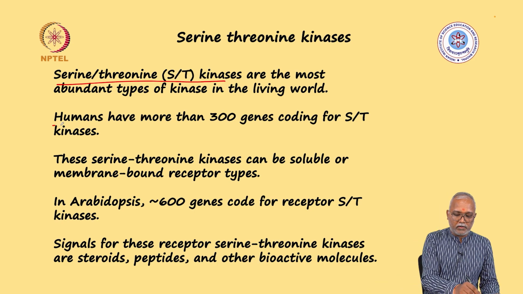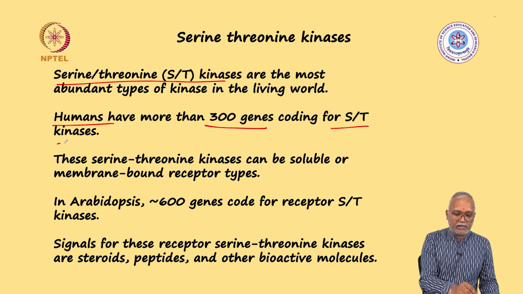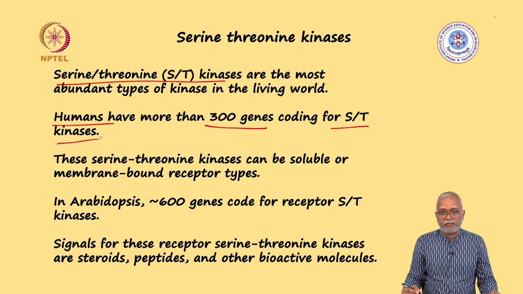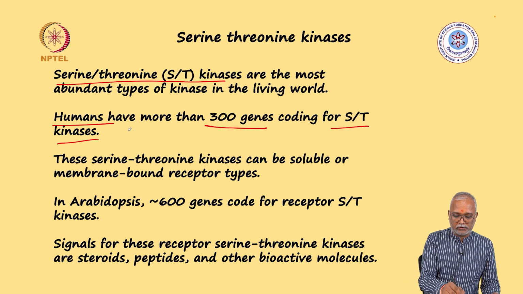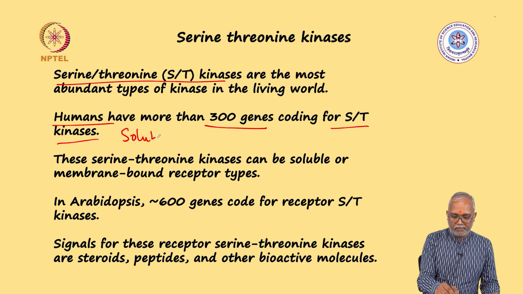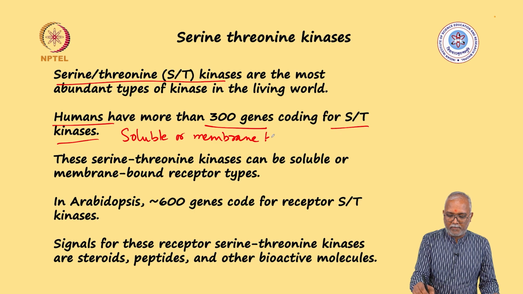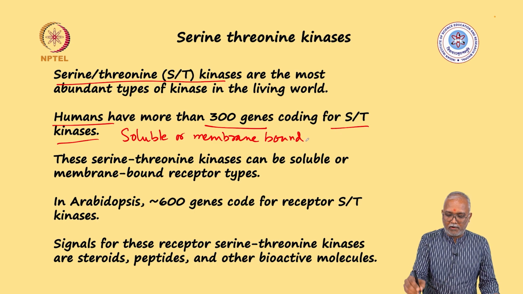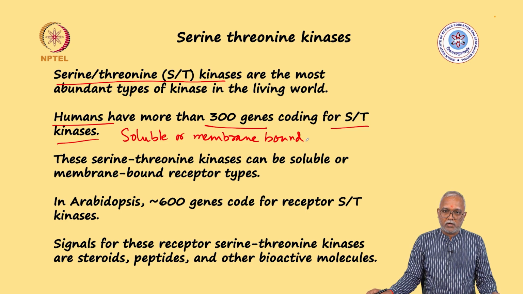In human alone, there are roughly 300 genes which code for serine-threonine kinases. Remember, when we were discussing kinases, we said that they could be soluble or membrane bound. So among these 300 genes, you will have serine-threonine kinases which are soluble as well as receptor bound.